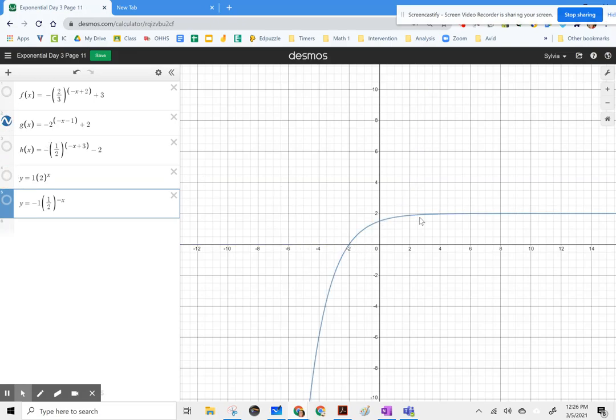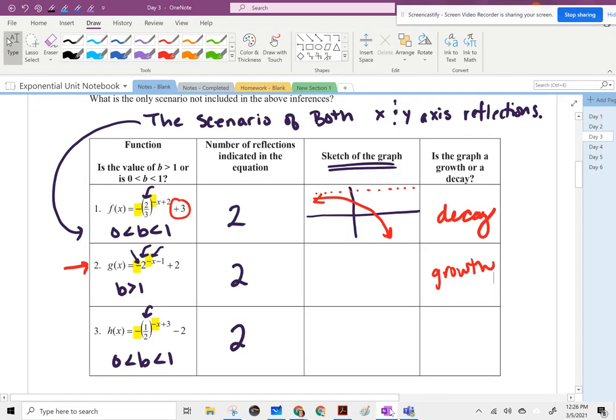It's still growth, so two reflections doesn't change whether it's growth or decay. It just changes the way the graph will look because now it's increasing at a decreasing rate compared to this one, which is purple, which is increasing at an increasing rate. So if we go back here and graph, let me do this here.